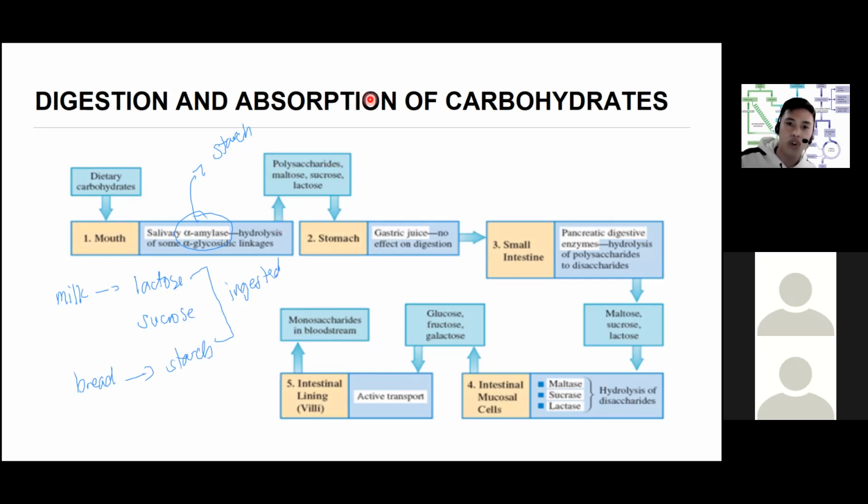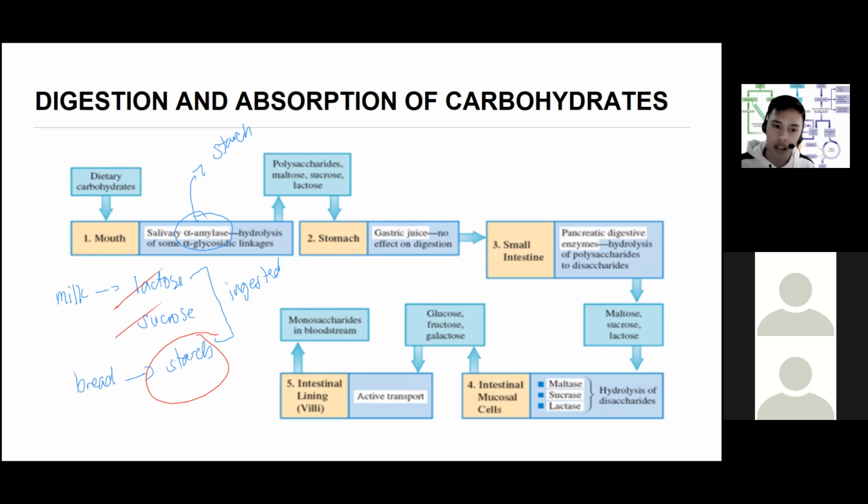Starch, lactose, sucrose? Only your starch. Do you follow? Because the enzyme amylase is only capable of digesting starch. So lactose, sucrose and other disaccharides go unaffected.